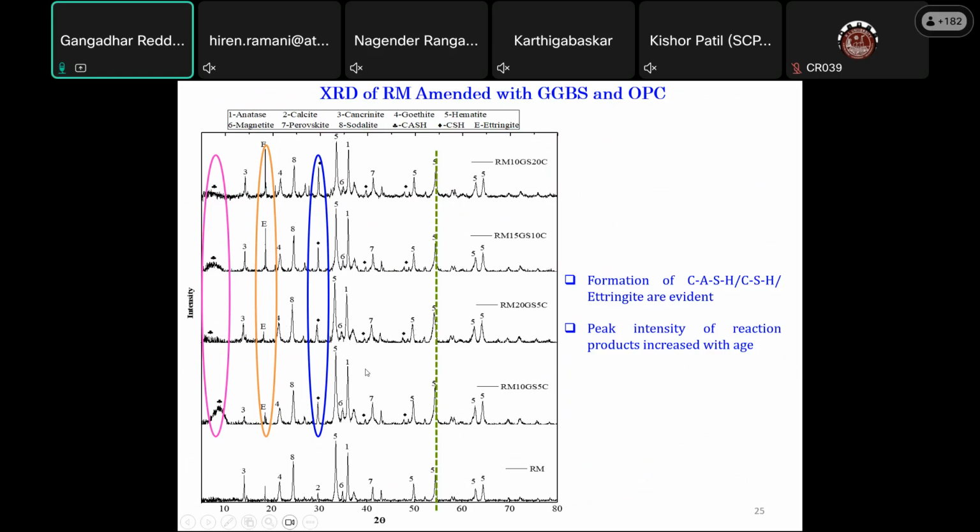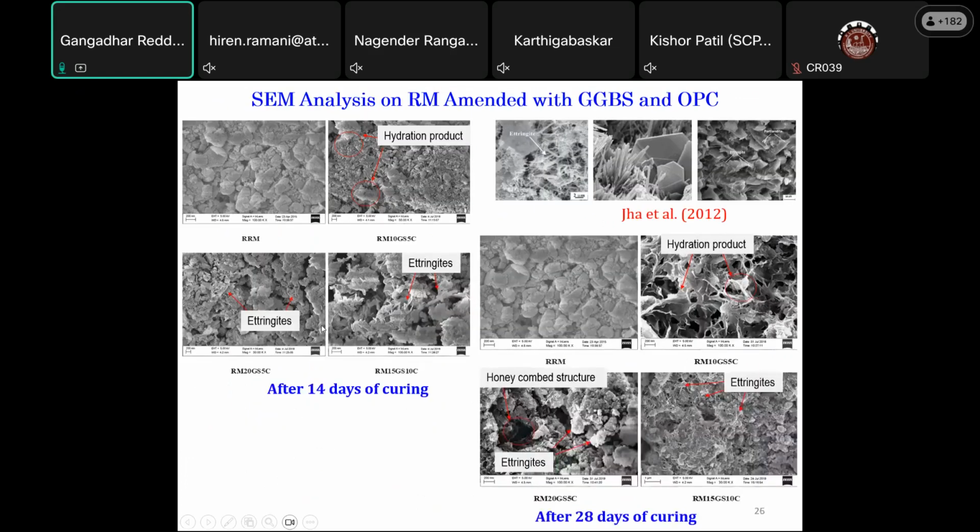Which are prominent in the GGBS and cement stabilized red mud. These are primarily what increase the strength. So you can see some of the SEM analysis which are done on the GGBS and OPC stabilized soil sample.